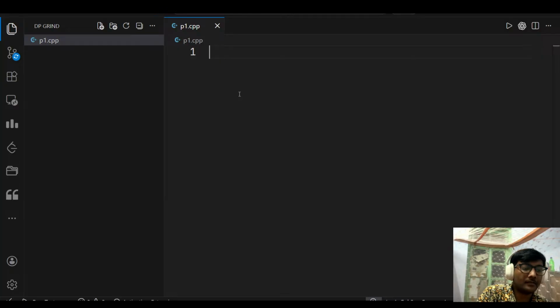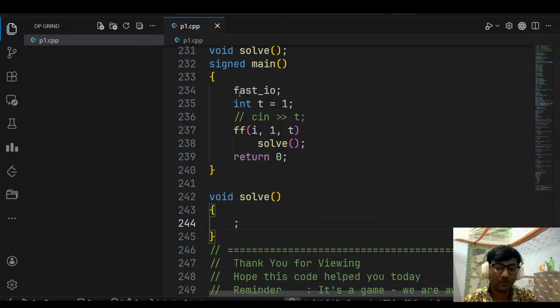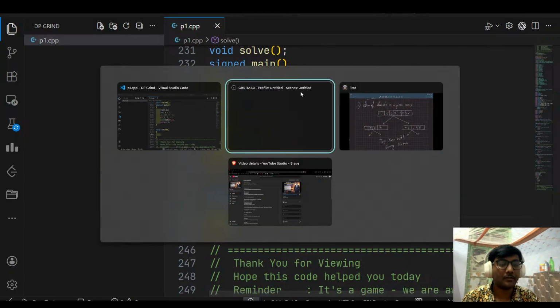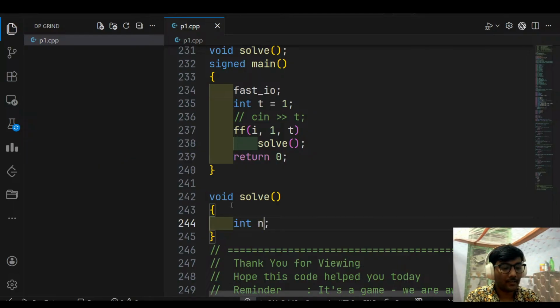We will be dealing with normal templates only, because you've already covered a lot of template stuff. So let's say we're given an integer array of size n.